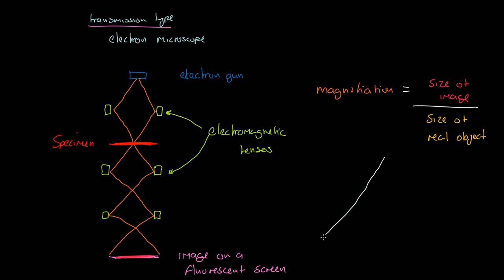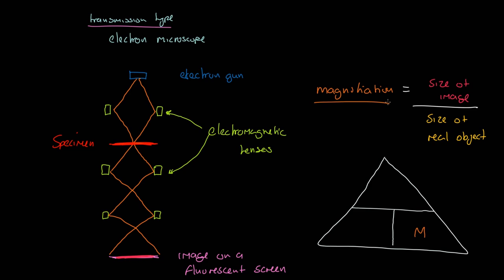Okay, so I'm going to draw this little triangle here. You guys will have seen these before. I'm going to sort of separate this triangle up in this way. So what we're looking for very often is something like the notion of magnification. Now that's our M from magnification up here.